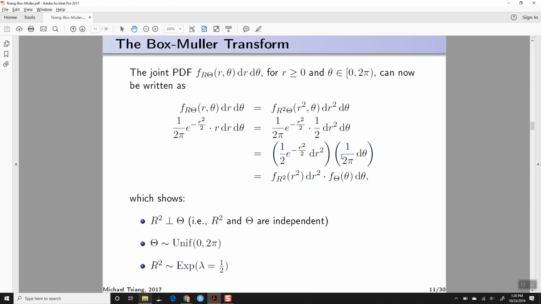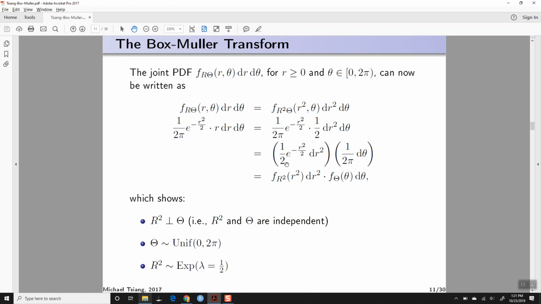If we just look at 1 over 2 pi, that is equal to the PDF of a uniform random variable going from 0 to 2 pi. And then if we look at this part, if you just replace r squared with some arbitrary letter like p, that would be the PDF of what?